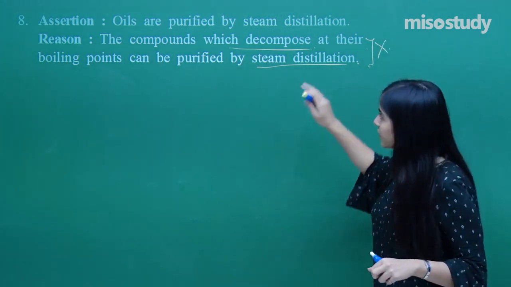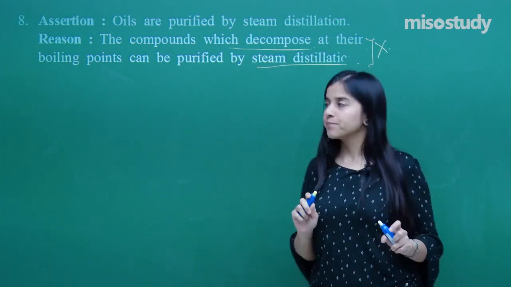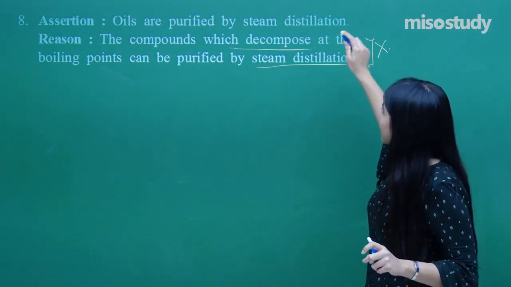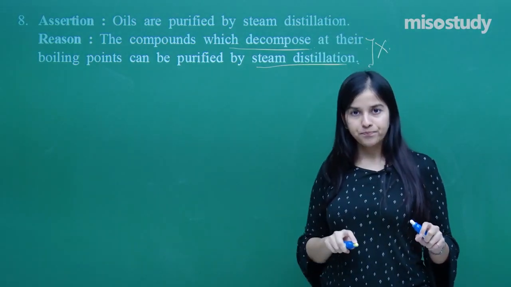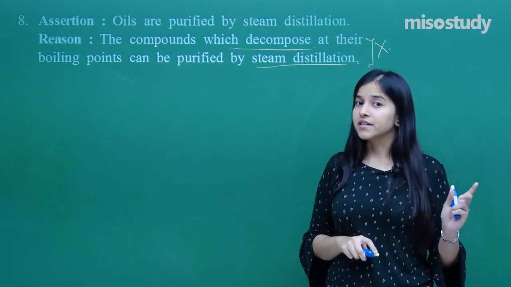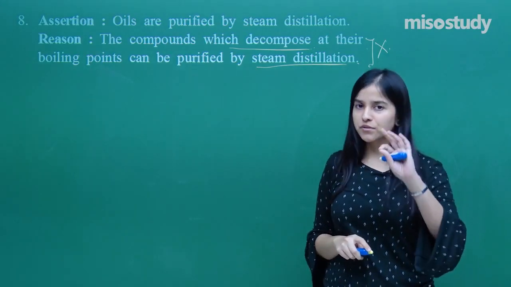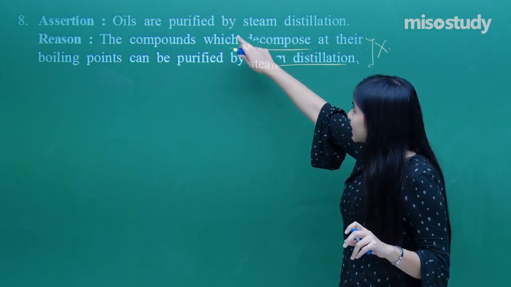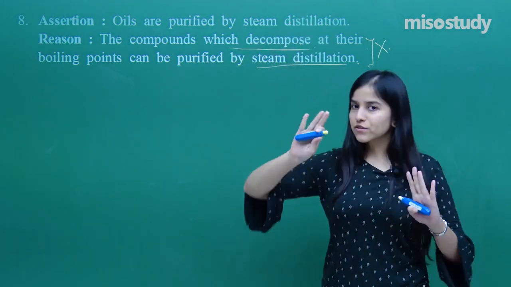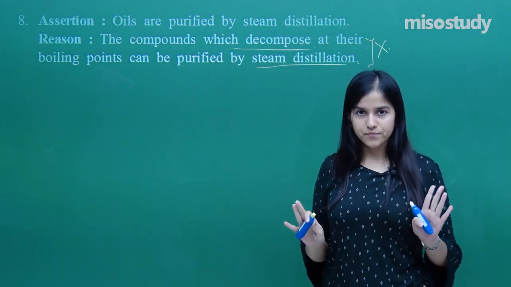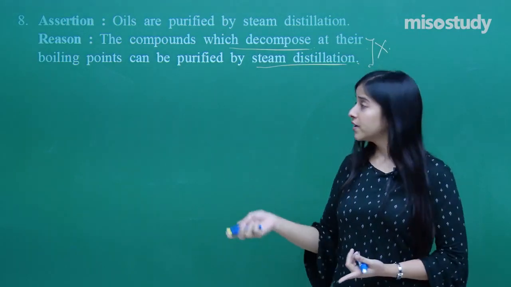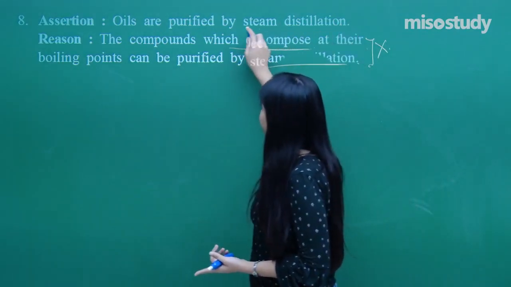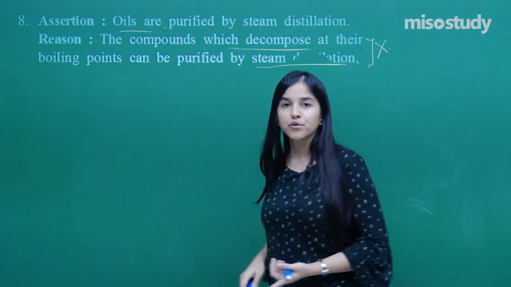Clear? What about statement number 1? Oils are purified by steam distillation. Not necessarily. It's a knowledgeable question, you need to have knowledge about it. Not all the oils are purified this way. We know that oils will be immiscible with water, so this statement can be true. But it is not necessary that all the oils are purified.